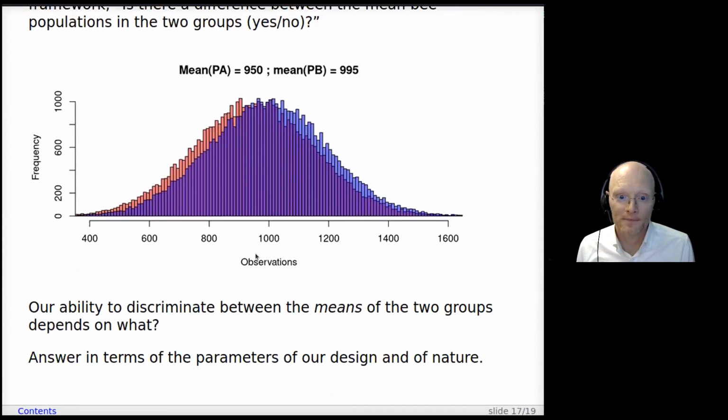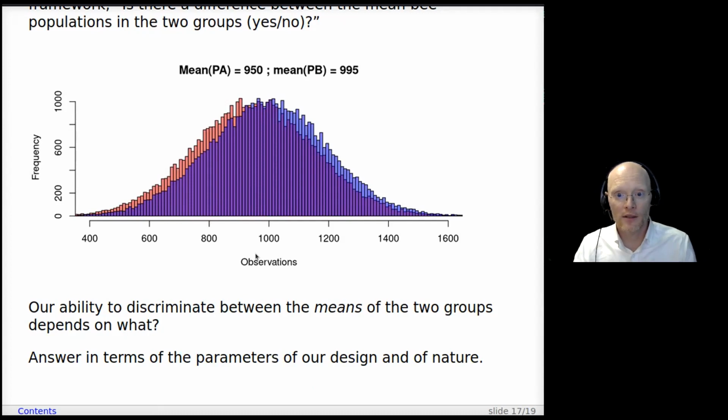Okay, so now I want you to give a general answer given all of the parameters that we've played with in this model today. What does our ability to discriminate between the means of these two groups depend on? Think in terms of the parameters of our design and the properties of nature, which we've also parameterized.